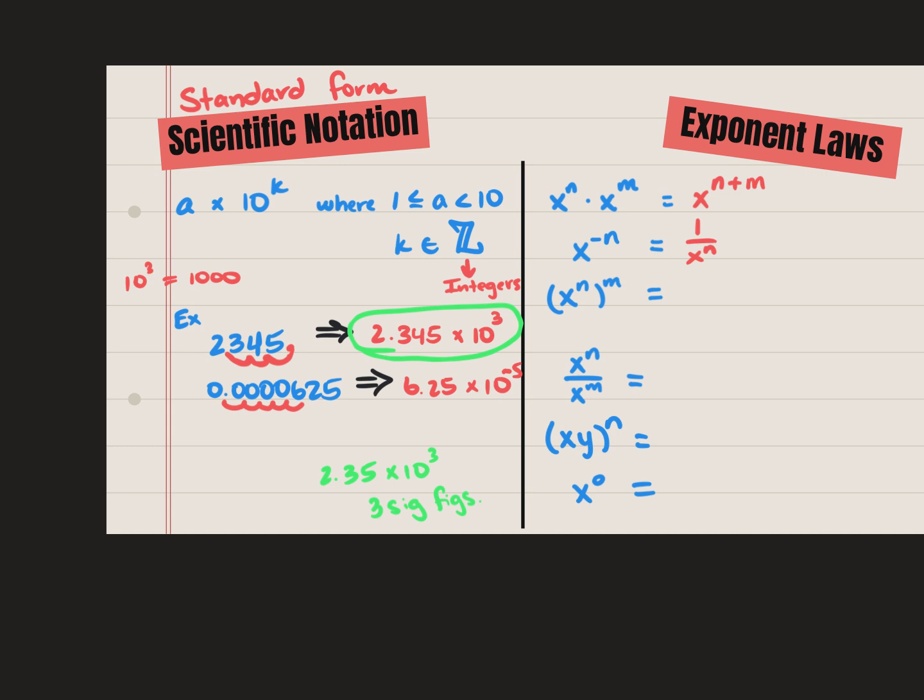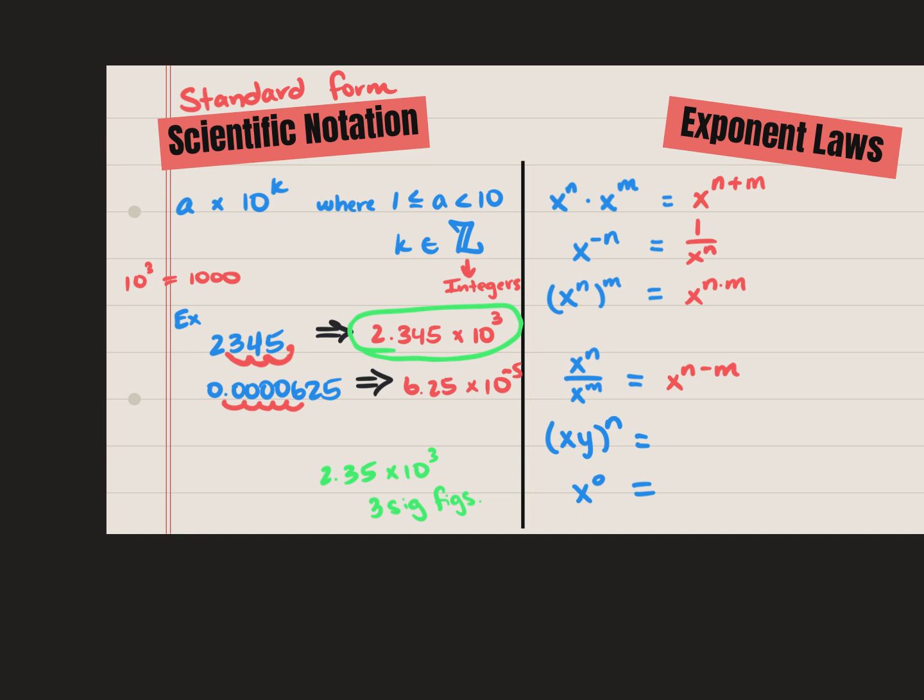When we take a power to a power, x to the n to the m, I multiply my exponents together, so I get x to the n times m. When I divide the same bases, I subtract their exponents, x to the n minus m.